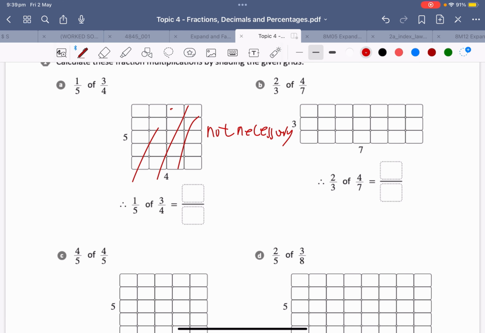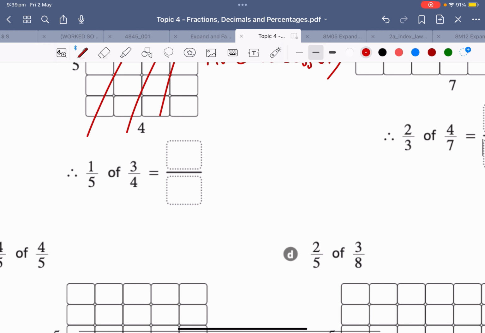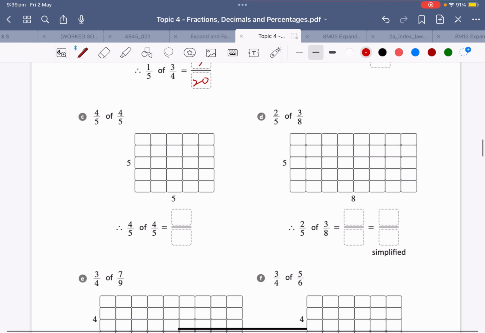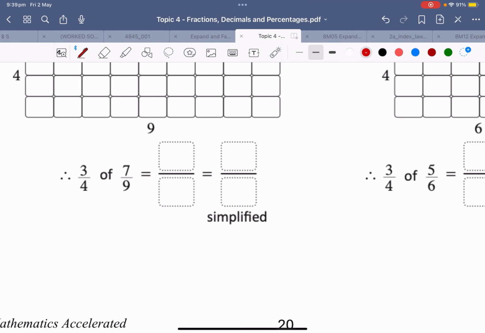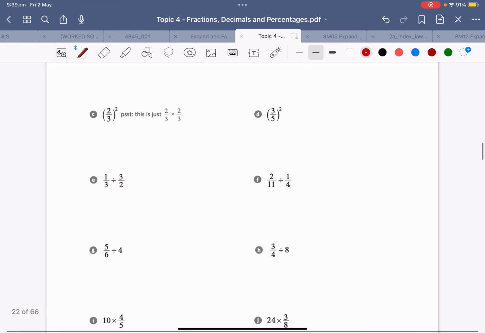We do not have to worry about it. You can actually just do 1/5 of 3/4, which is 3 over 20. Just times the numerator by numerator and the denominator by denominator. All should be well. 3 over 4 times 7 over 9 is the same as 21 over 36. And you can divide it by 3. Okay, have a go at these.